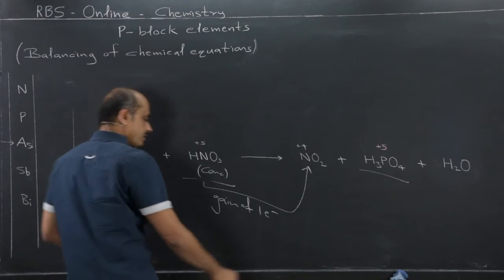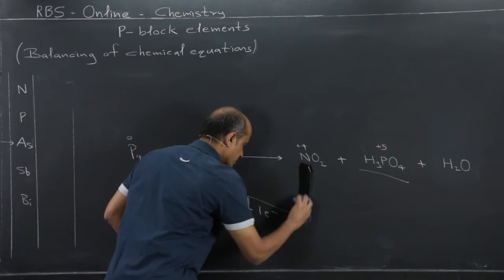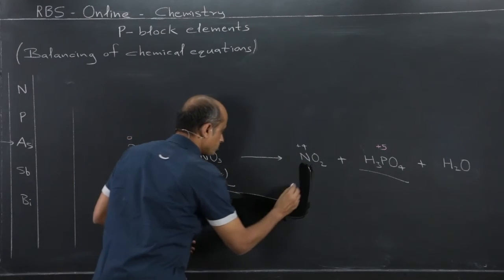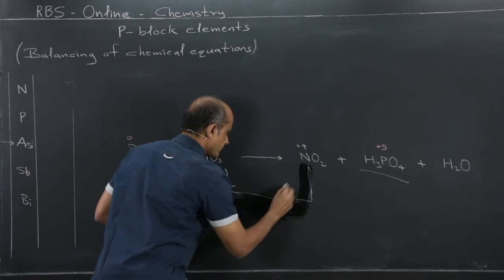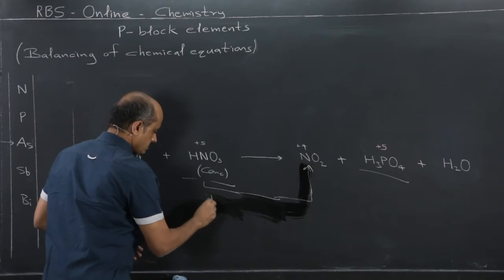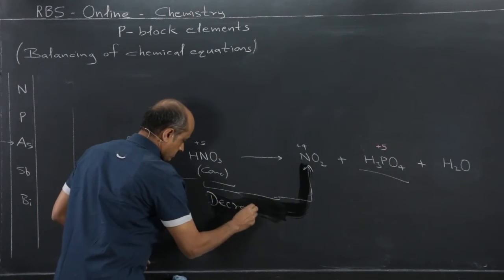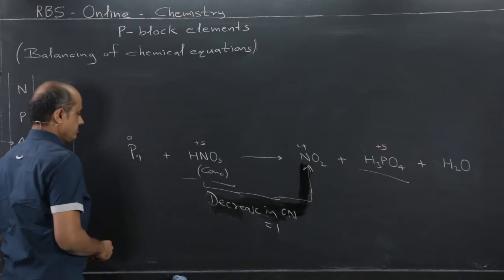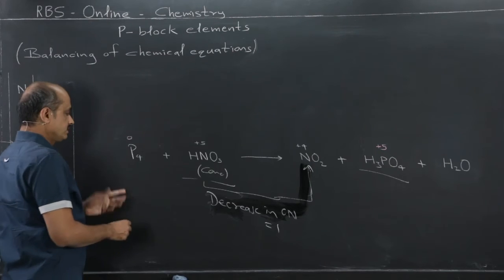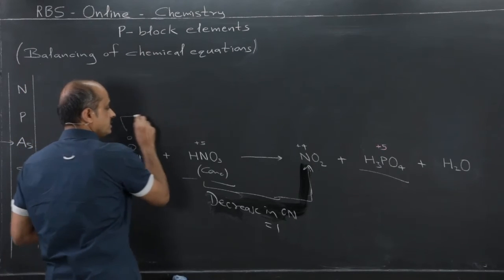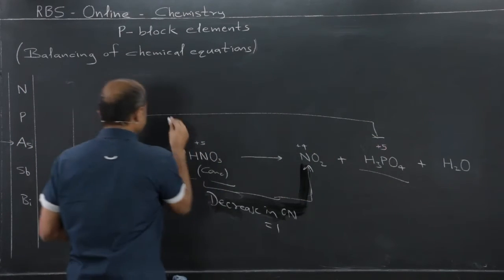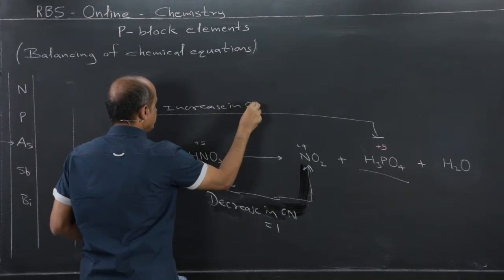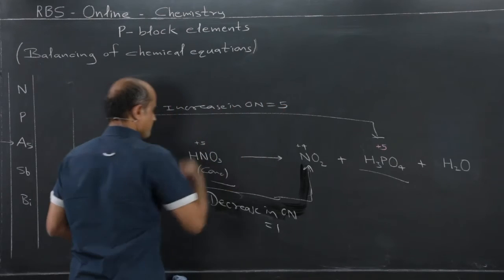So in electronic terms, and in the terms of oxidation number, plus 5 changes to plus 4 is decrease in oxidation number by 1, and 0 phosphorus, elemental phosphorus, changes to plus 5 is increase in oxidation number by 5.